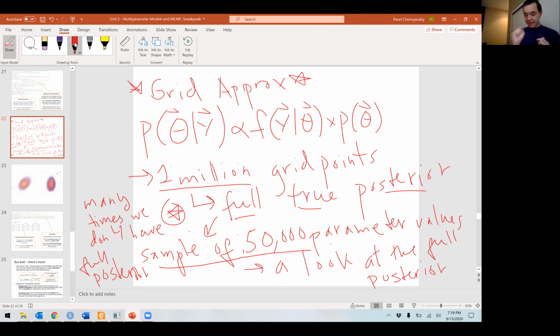So I'm going to repeat that, that's key. A lot of the times we will not be able to completely derive and work with the full, true posterior distribution. But in the future, we will be working with some large sample of values from that posterior. So this early in the class, I'm trying to introduce this concept of approximating the full posterior using a sample of values from it.